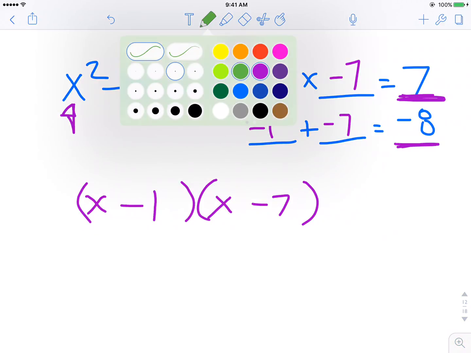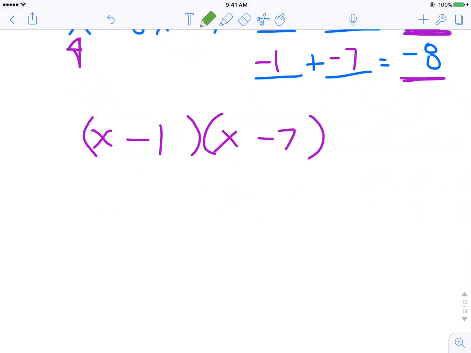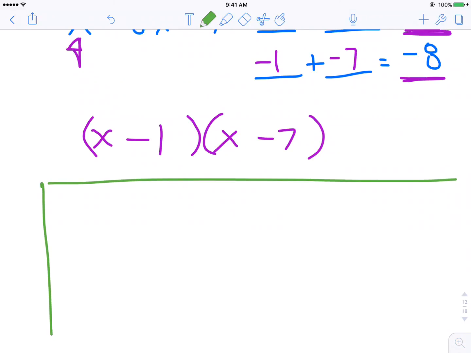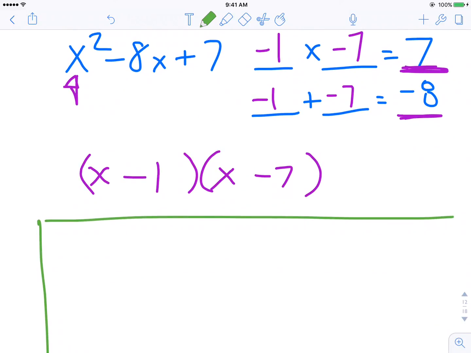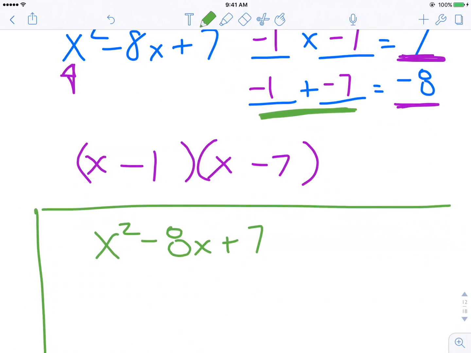Another way to look at it, which is going to come up eventually, is if I've decided that these are my integers. So I've got my polynomial, x squared minus 8x plus 7, and I've decided that my two numbers are negative 1 and negative 7.